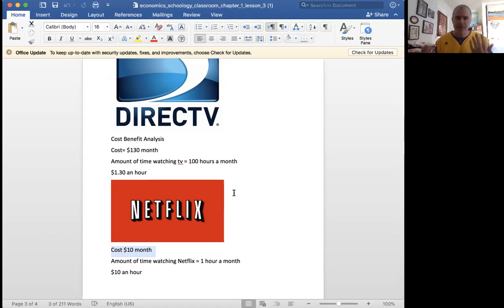So cost benefit analysis is more than just looking at the monthly breakdown or the hourly breakdown of my spending. It's also things like time. How do I compare? I can watch the Laker game on one hand, which, by the way, LeBron James was incredible last night in his return to Cleveland.